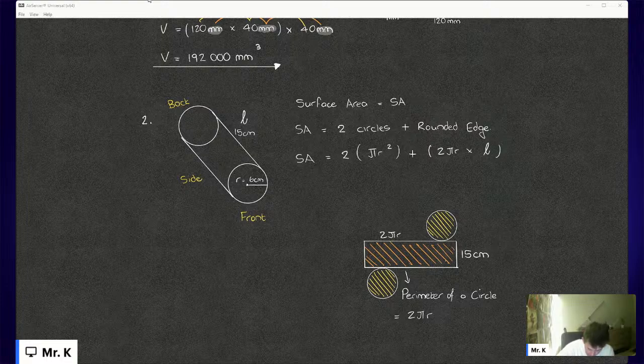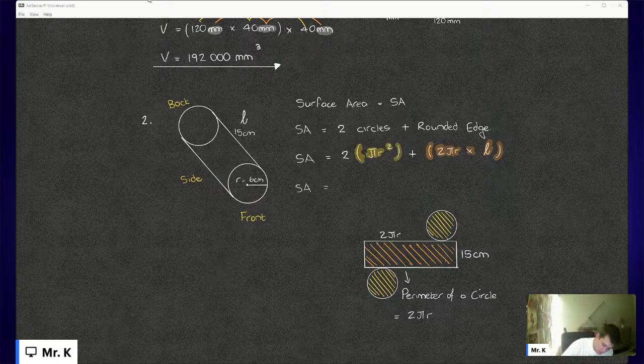I hope that makes sense, guys. So what we've done is broken it down into two pieces, and if you'd like to use some color coding, the pi r squared that we see over here is the area of our circles, while the 2 pi r times the length of the cylinder is the size of the rectangle.